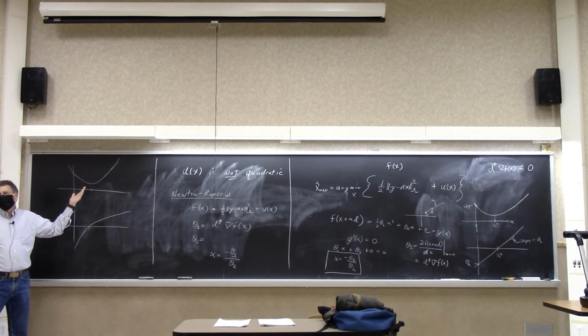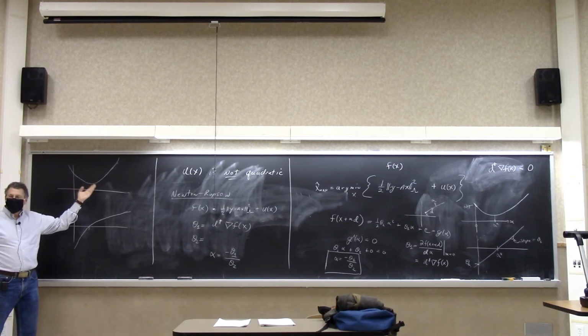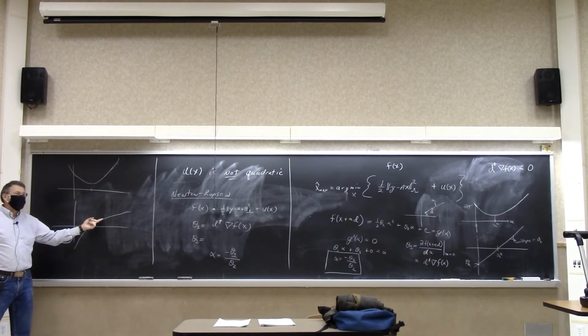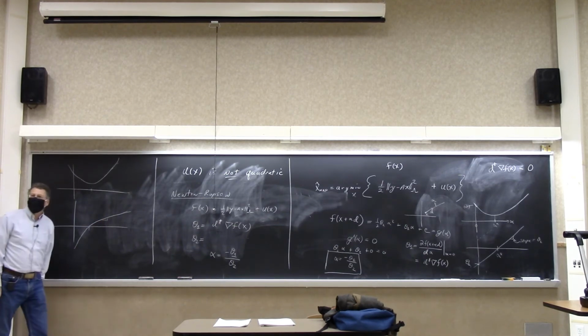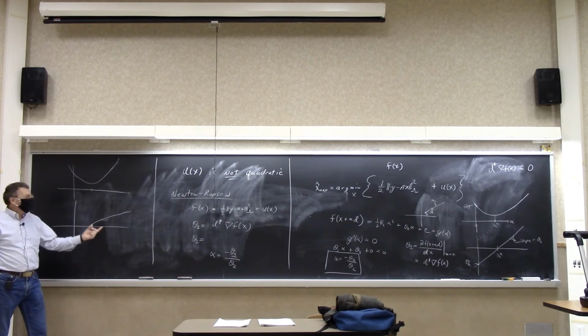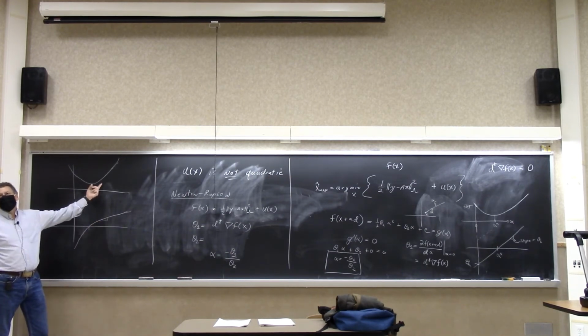Everybody knows that. So the second derivative is the derivative of the derivative, right? So the derivative of the first derivative is the second derivative, right? So my point is this, the slope of this derivative is the second derivative. So if the slope is positive, then it has to be convex, right?